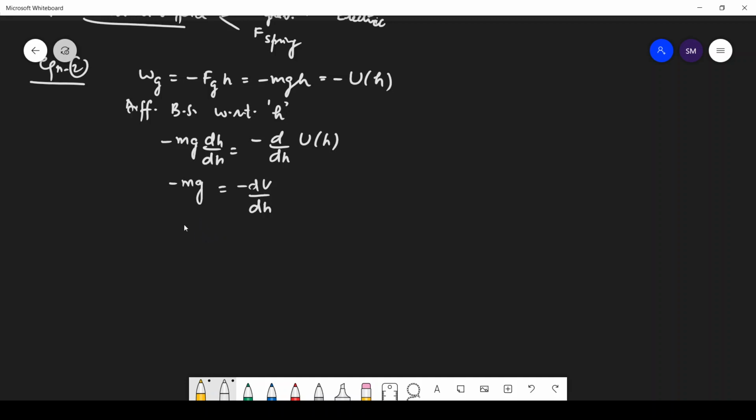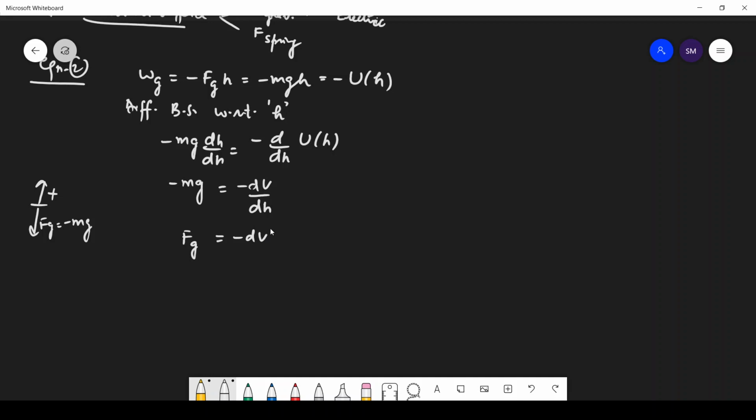Mg is the gravitational force. It was acting downward. I was taking the upward direction as positive, so this is the negative direction. So Fg was of course minus mg, downward direction.